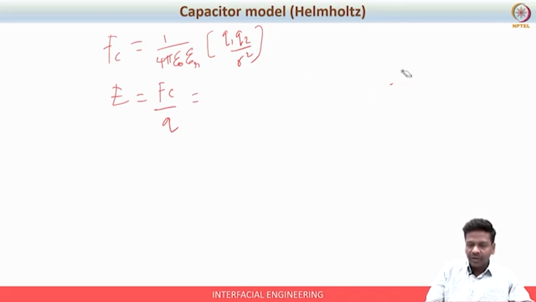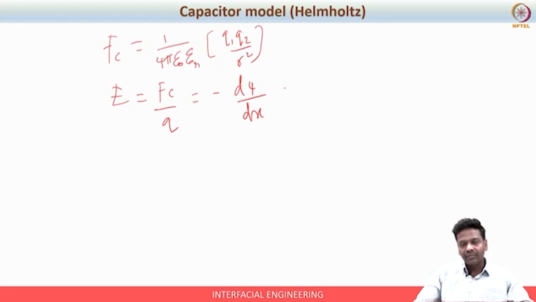This is also nothing but minus d psi by dx. So the electric field can also be expressed as the negative potential gradient, that is, d psi by dx, which is also nothing but volt per unit length.